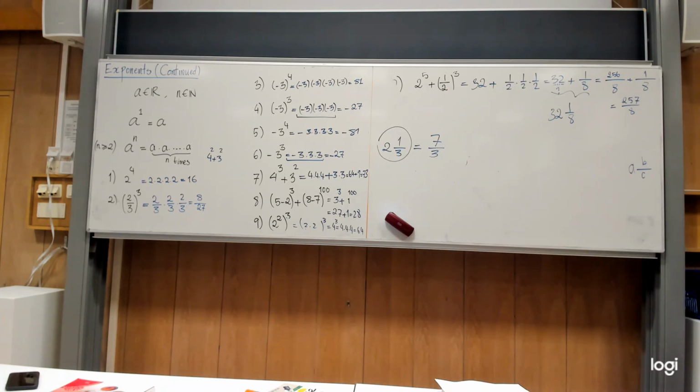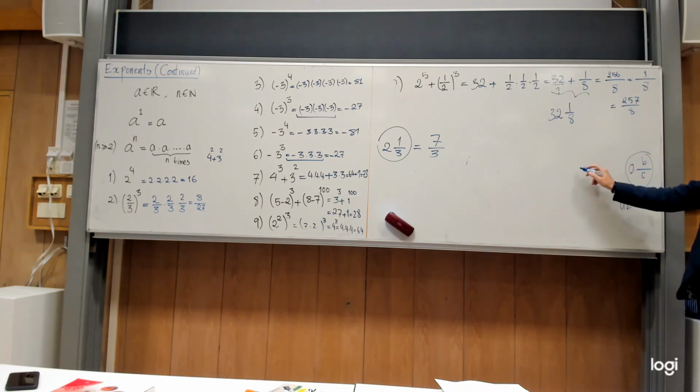But be careful. This is a little bit unusual. This is the first time that you do not see any sign, because when you write A, B without any sign between them, it means that they are being multiplied. But this is the first time that you do not see a sign between this one and that one, and this shouldn't be interpreted as multiplication. It should be interpreted as addition. So be careful.